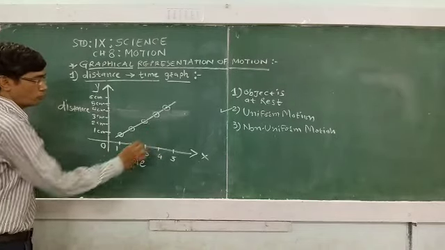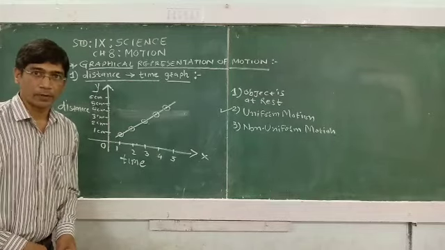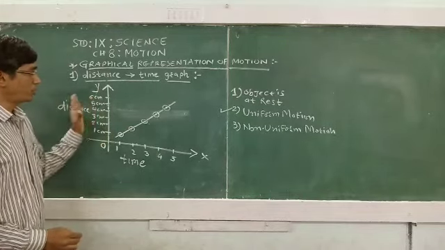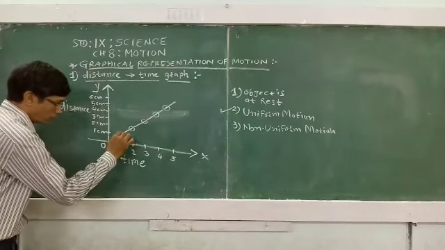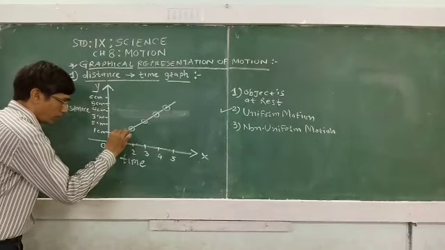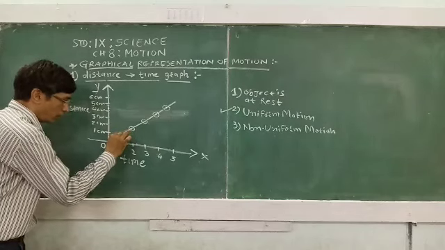So in uniform motion, the object covers equal distance in equal time intervals. In this distance versus time graph, draw a parallel line and a perpendicular line.